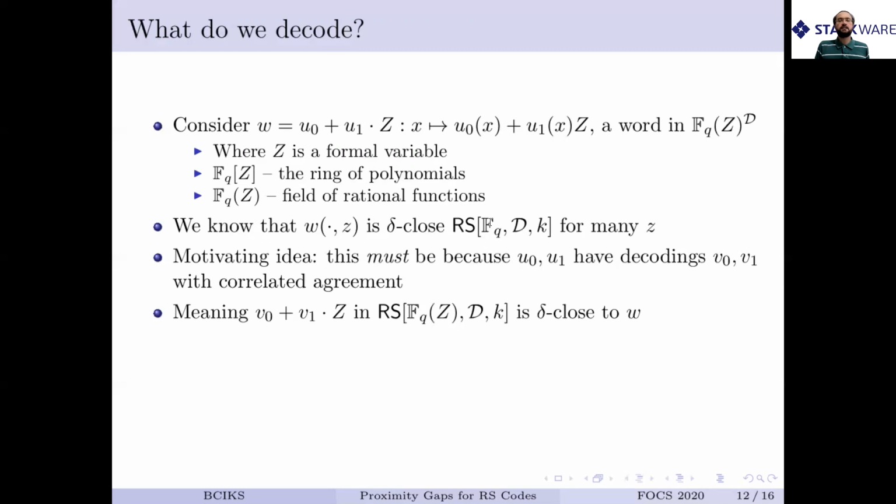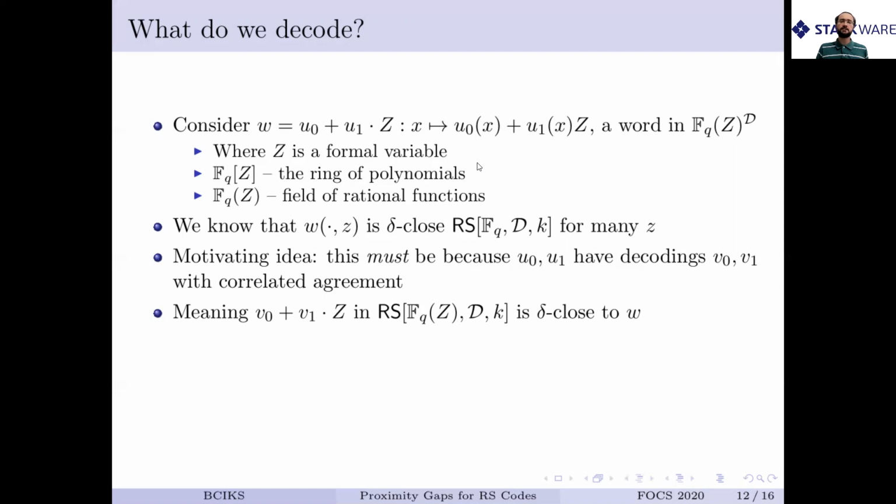The motivating idea, as we said, is that if this happens for many Z's, then this can't be by chance. It can't be that these words are independent of each other. It has to be because there is some underlying correlated agreement, because u0 and u1 actually have decodings which agree on the same set of density 1 minus delta. Otherwise, there is no chance that so many linear combinations will all be delta close.